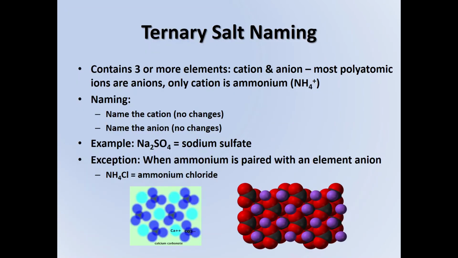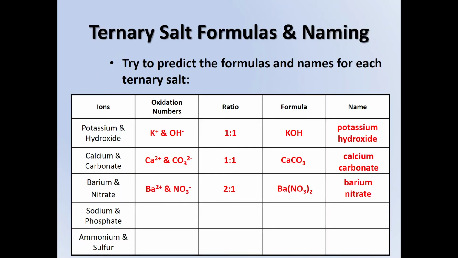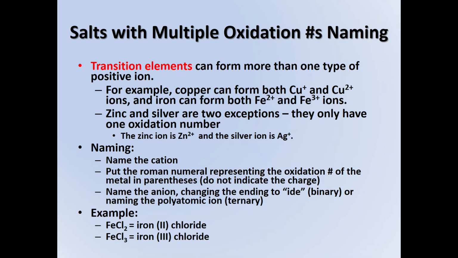Polyatomic ions or ternary naming: name the cation, name the anion without any changes. Multiple oxidation states: the naming scheme is write the name of the cation, put the Roman numeral representing the oxidation number or state of the metal in parentheses, and do not indicate the charge. So iron(II) chloride, iron(III) chloride, like this.